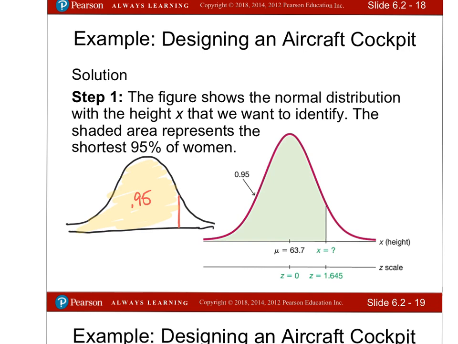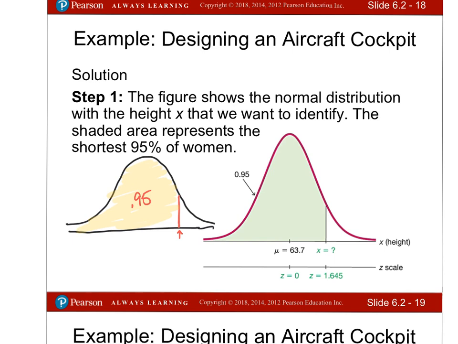And that's the setup that we've got, and that's of course what they've drawn here. Now, we're going to work kind of backwards. We first need to find the z-score of this boundary. We've got the area. Now we want to find the boundary. So we look in our positive z-score table for an area in the interior of the table of 0.95, or as close as we can get to it.